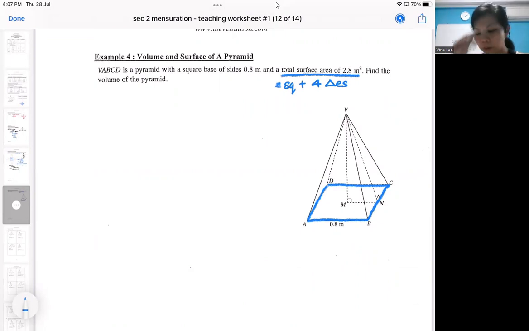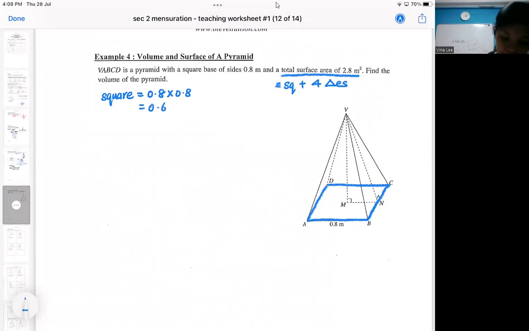So from here, what are we trying to find? Let's get the square first. The square will be 0.8 times 0.8. So from here, 0.64 plus 4 triangles will be equal to 2.8.